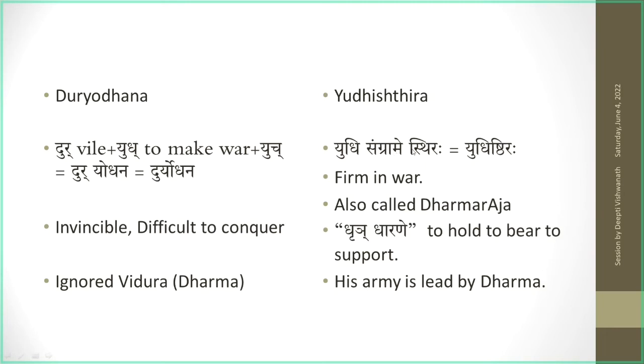Which war? Whatever, he's himself a Dharmaraj. Always the one who's upholding a war for the sake of dharma. Upholding dharma is that war. Dharma is from dri, to hold. Dri is the root.